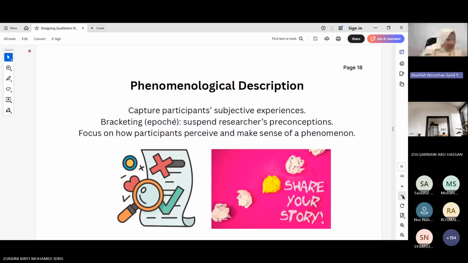Correct, Prof. Okay. Case study, you already have a specific organization that you want to actually explore. For example, I'm choosing zakat institution. I choose Lembaga Zakat Selangor. I choose Wilayah. I choose these two particular organizations, and I'm only studying these two organizations only. Nothing outside these organizations.